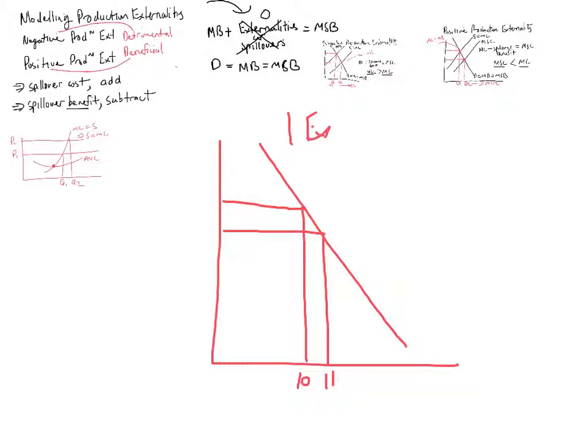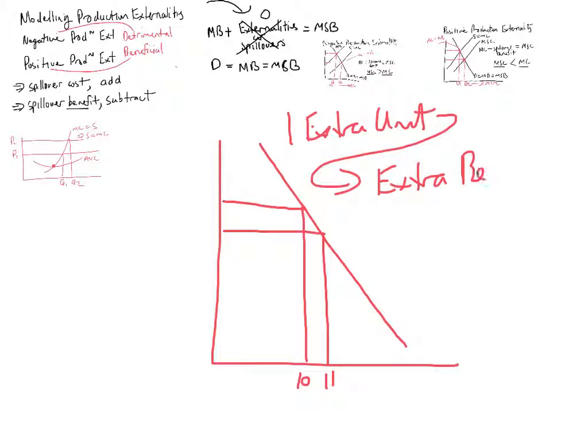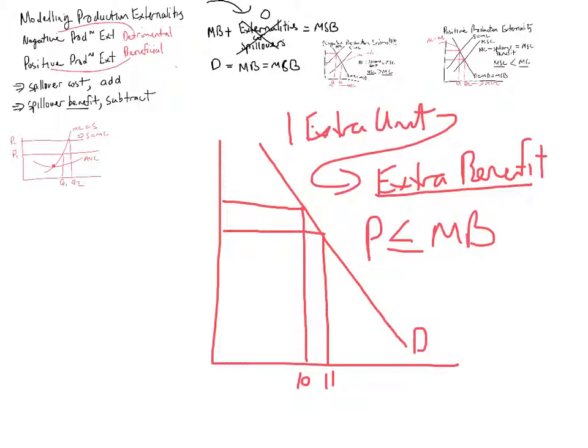One extra unit will supply extra benefit. And the price has to be generally less than or equal to that extra benefit. Another name for that extra benefit is the marginal benefit. So that's why we say that the demand curve is also equal to the marginal benefit curve.